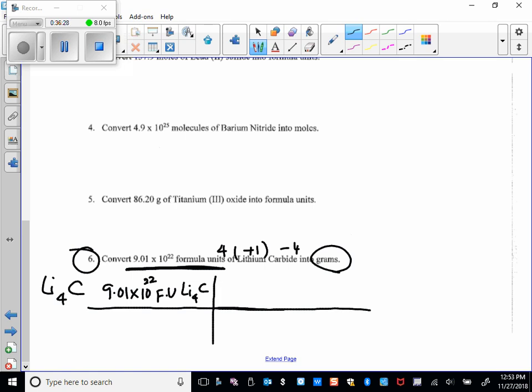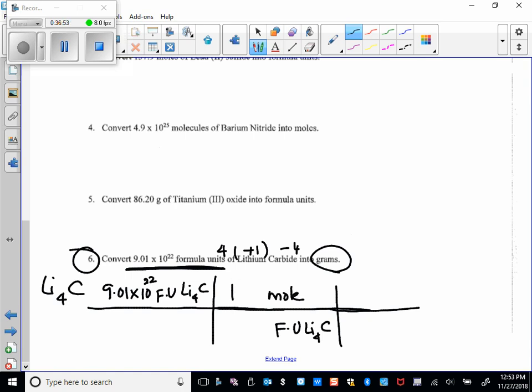What should I convert my formula units first into? Moles. And so what will I cancel out first? Formula units of lithium carbide. What is my number before mole? 1.